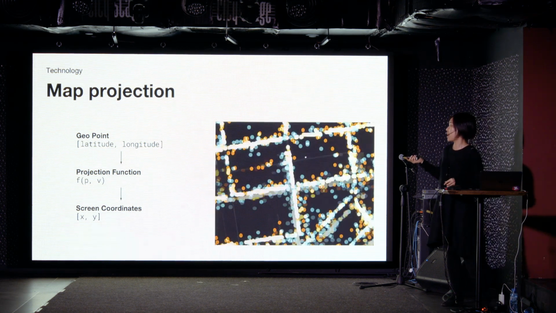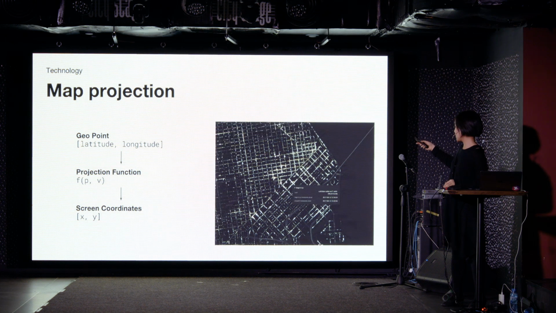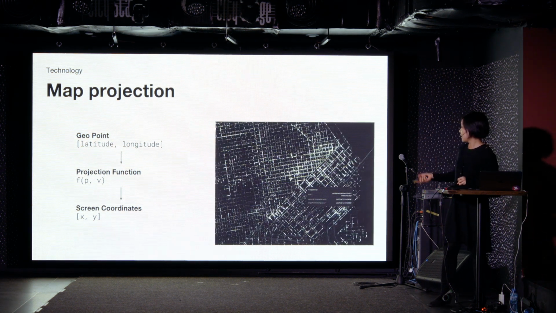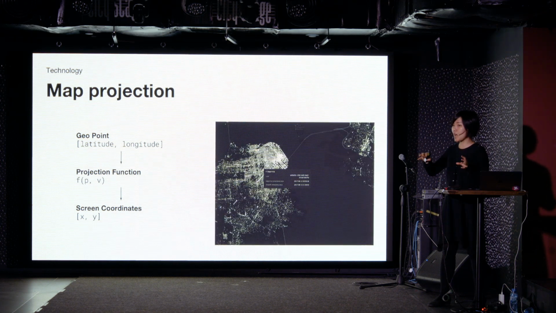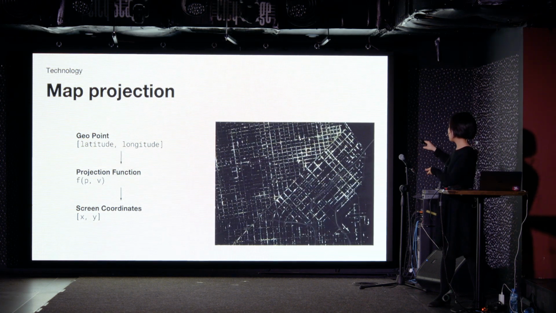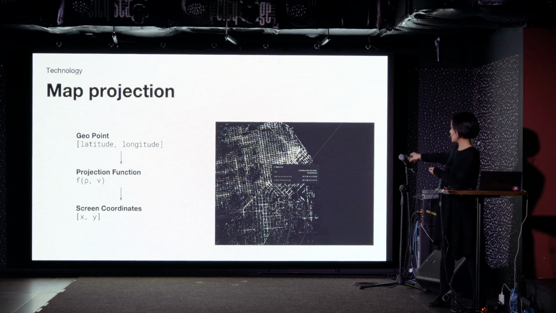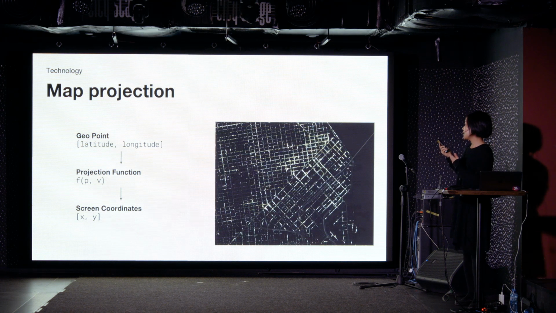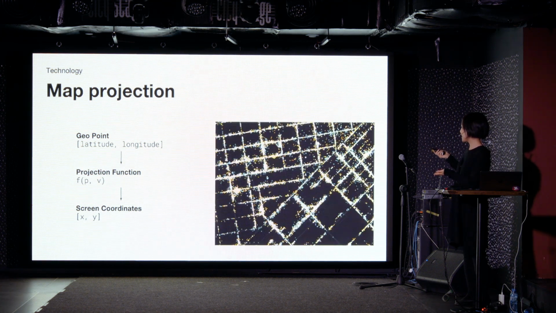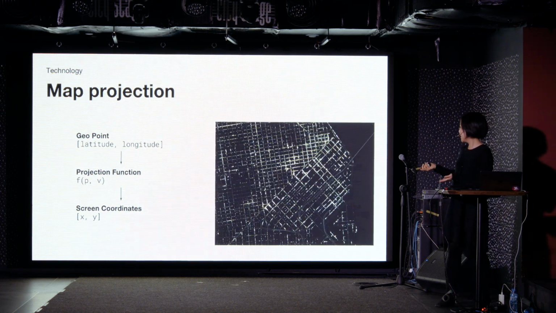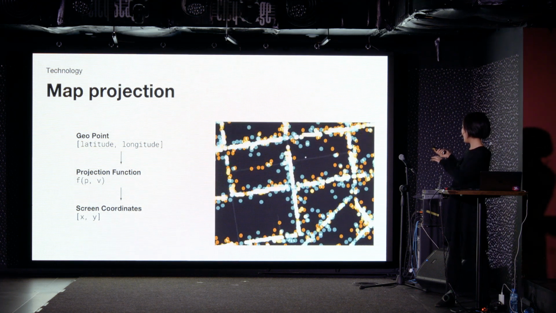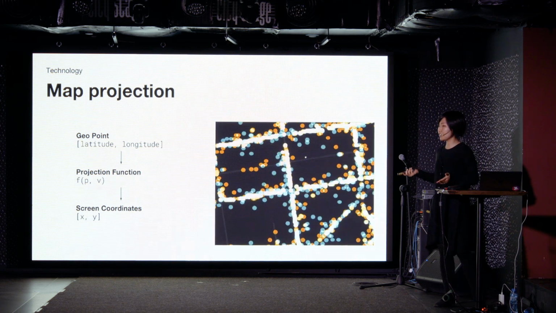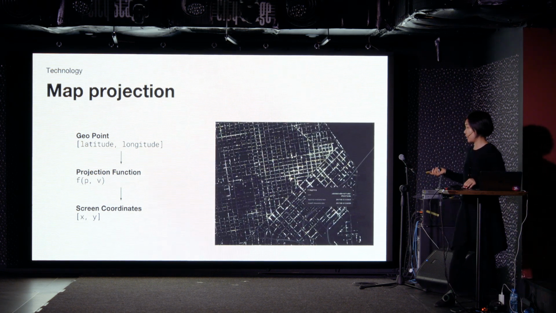If you consider map projection, really you take an input data point, which is latitude and longitude, and you have a projection function which maps this latitude and longitude to a particular point on the canvas, and it outputs screen coordinates. This computation is extremely simple, and it can be done on each of the data points at the same time. So that gives us a very good opportunity to leverage the GPU.